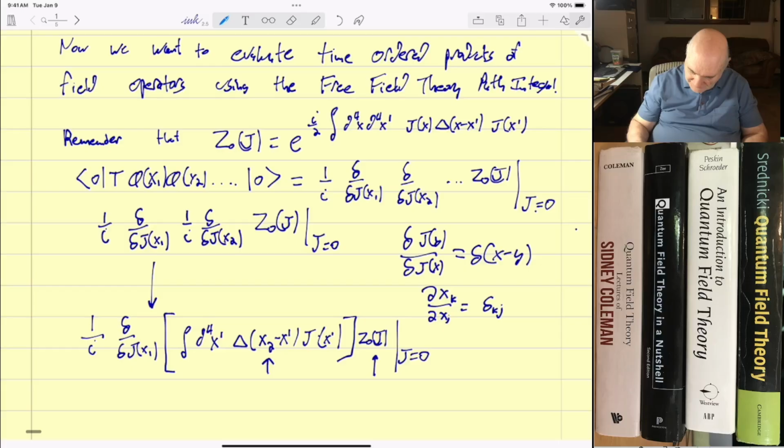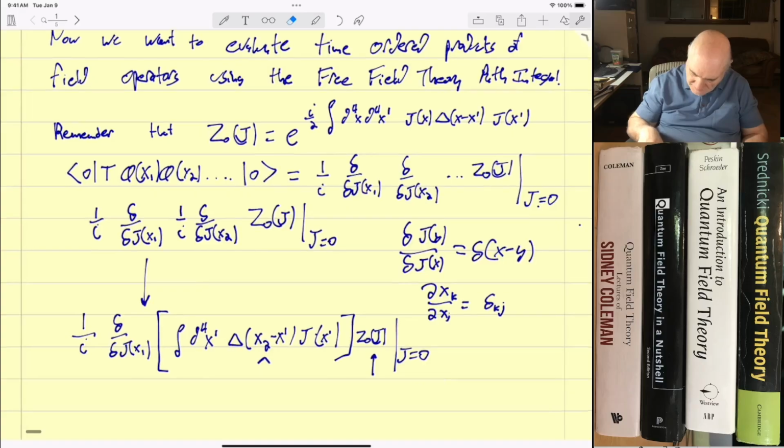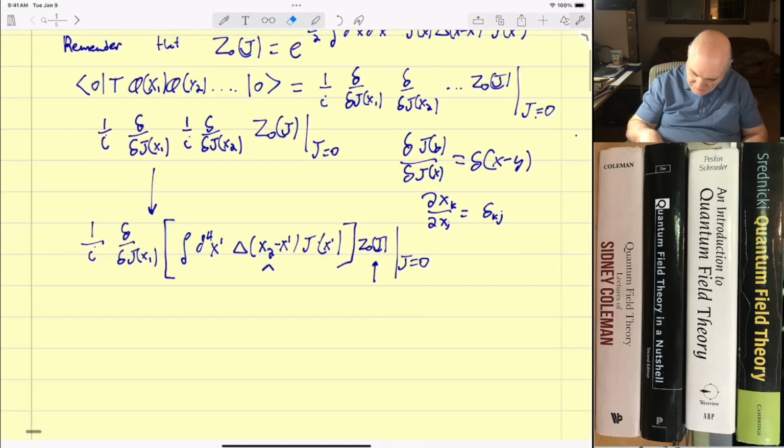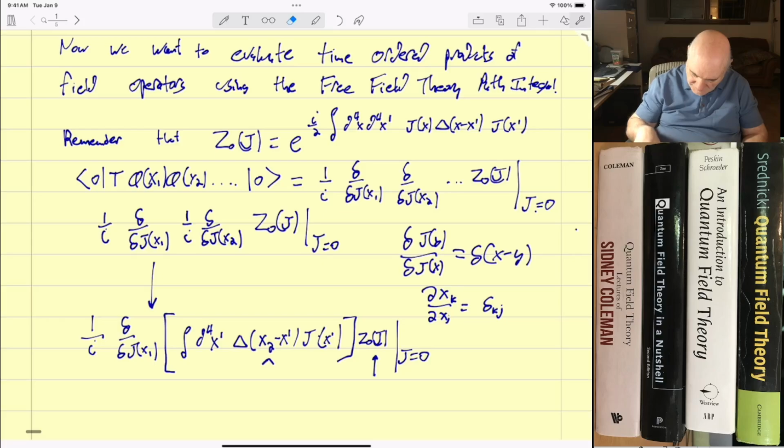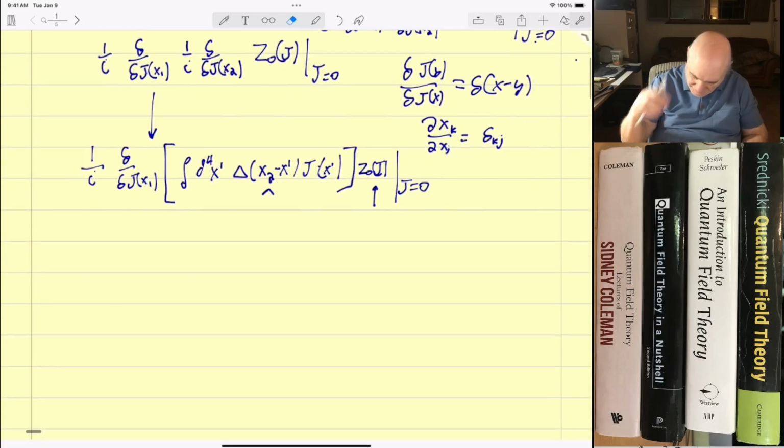And you don't set J equals 0 until you finish the whole process.